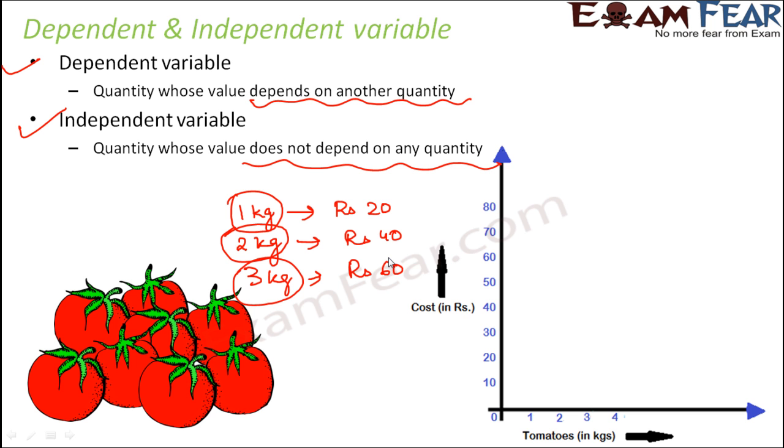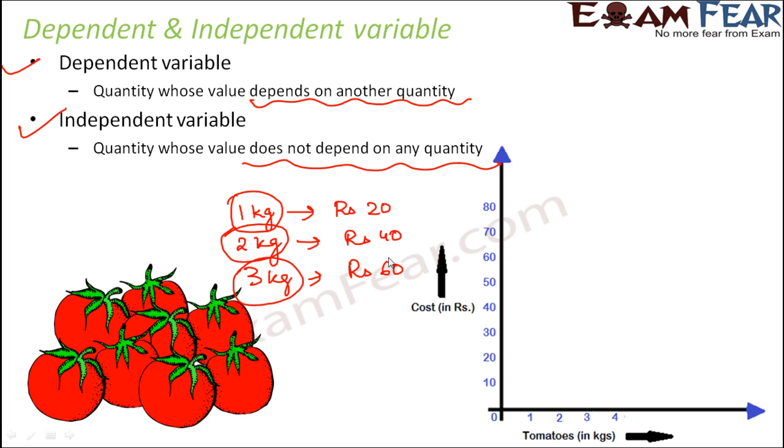Right? So the moment you change the quantity, if you want to buy 1 kg tomato, you will have to pay rupees 20. If you buy 5 kg tomato, you will have to pay rupees 100, right? So the moment your quantity changes, the cost also changes. So what does this show? This shows that the cost is dependent on the quantity. Correct?